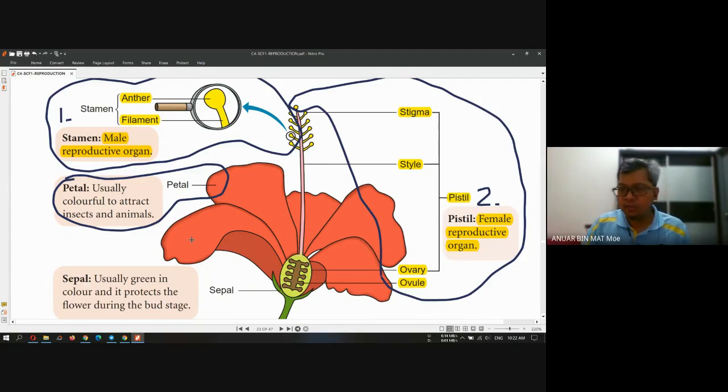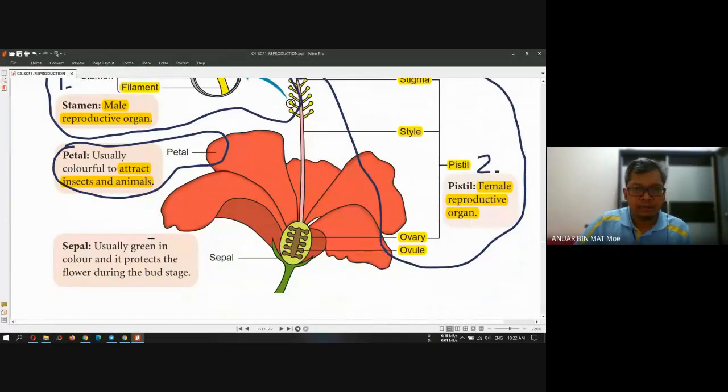The color of the leaf is usually green. But petals in flowers have a very striking color. Why? Because they want to attract insects and animals. So you must remember.